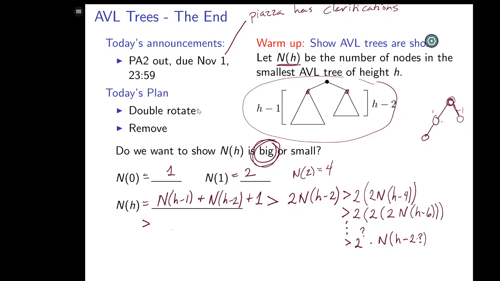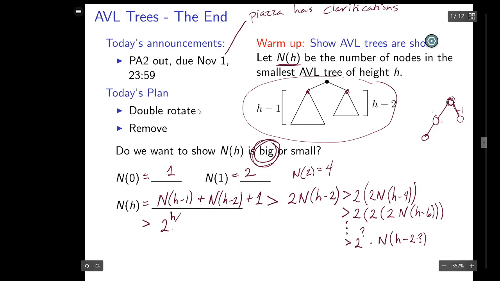Maybe 2 to the power of h divided by 2. Do you want the floor or the ceiling? Ceiling is when you raise it up, floor is when you bring it down.